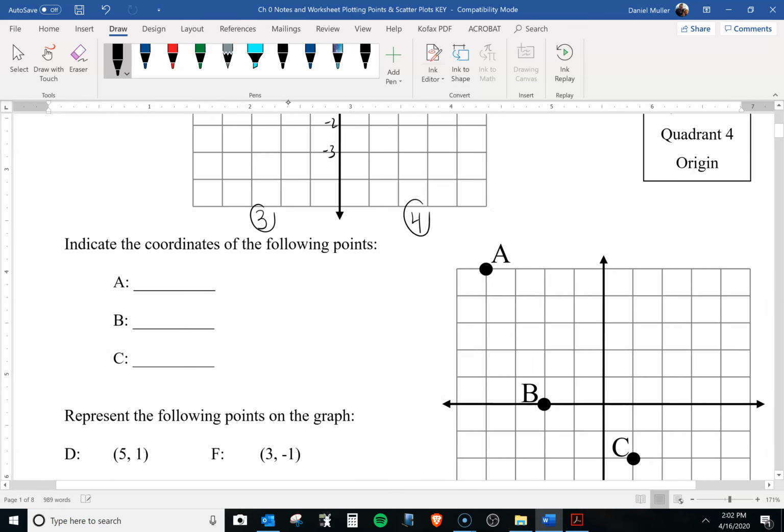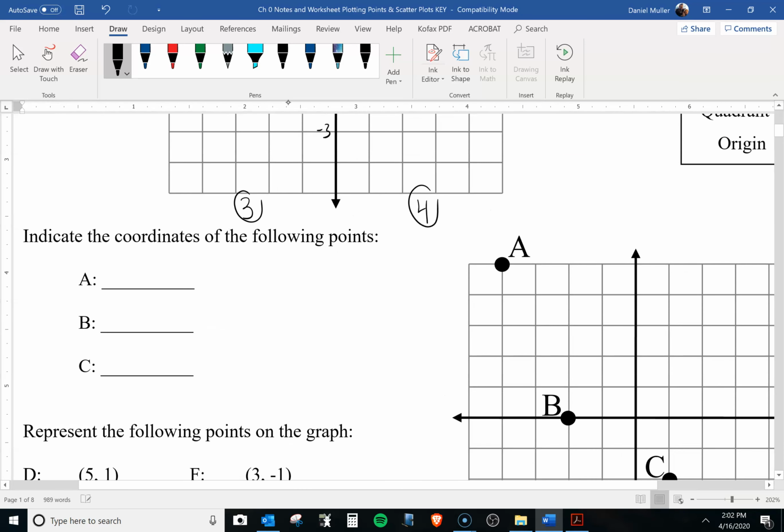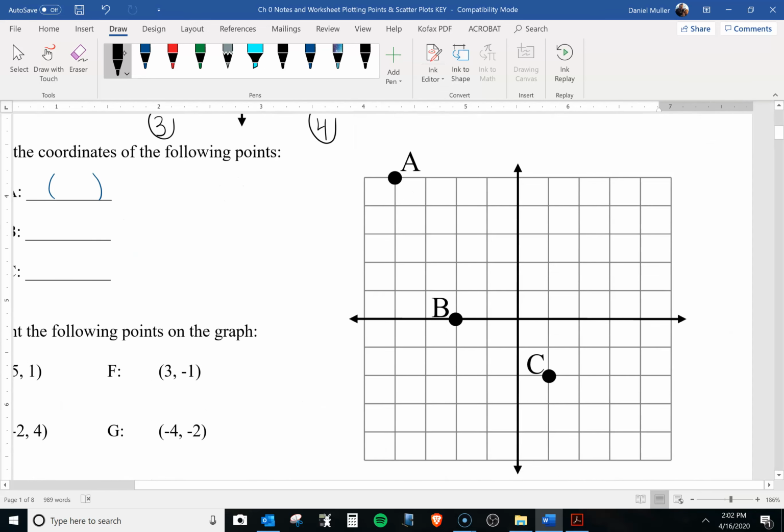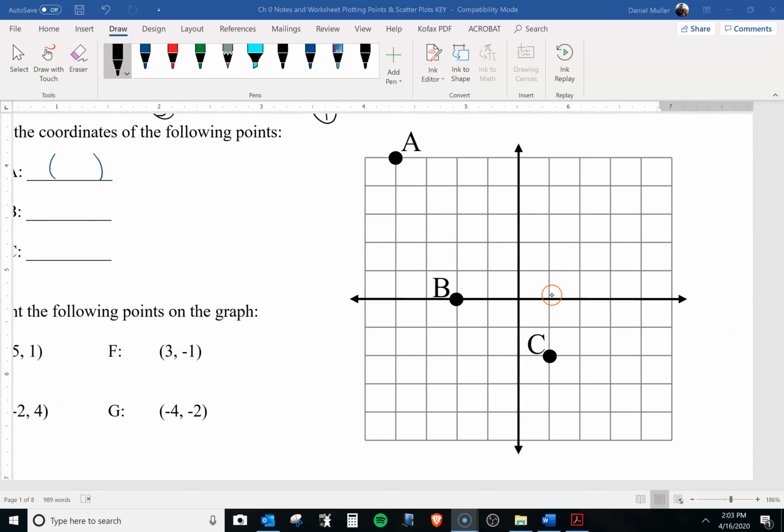So the first example here: indicate the coordinates of the following points. So it wants to know the instructions. I think I did that in blue, so I'll do that in blue here. For A, B, and C, maybe what would be helpful is to first start and label these.